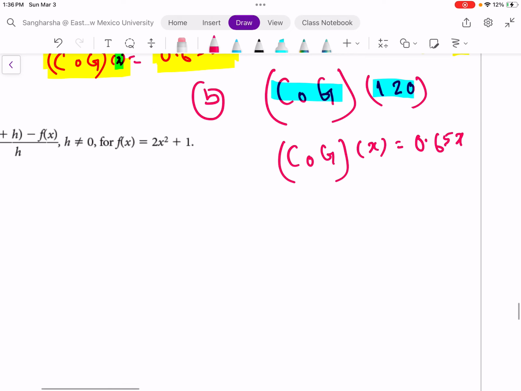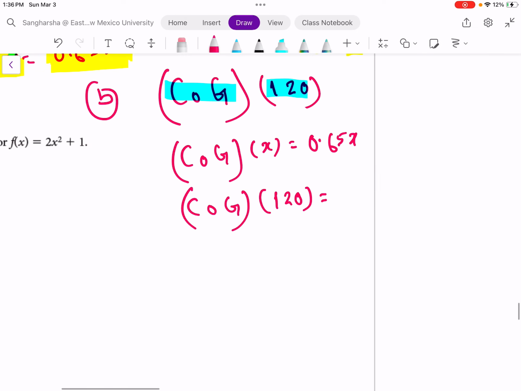So we want to know C composite G of 120. When your input is 120, you want to know the cost, so you substitute 120 for every x in your C composite G function. We have 0.65 as it is times 120 for x, which is the input.